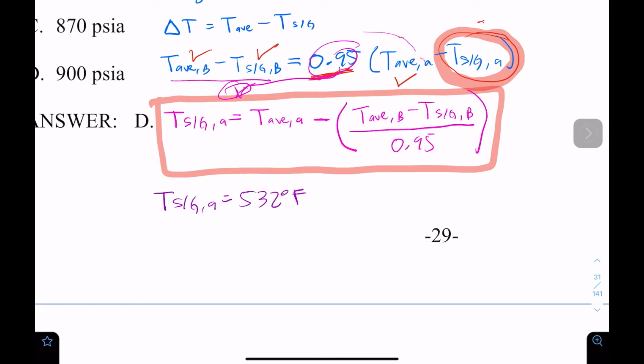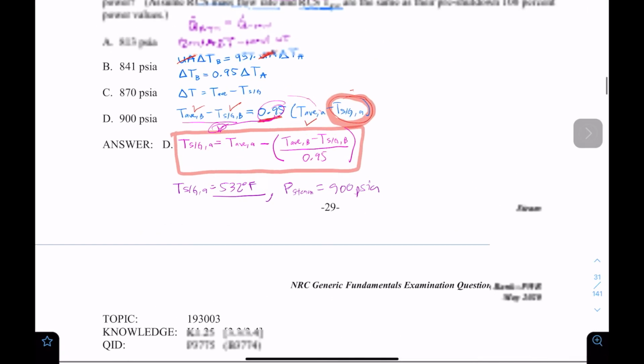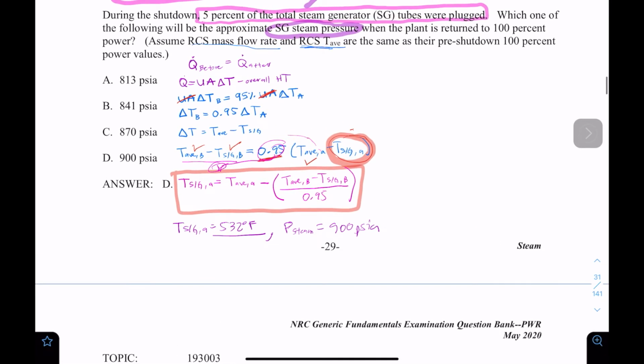And if I check my steam table for the saturated pressure at that temperature, I'm going to get that the pressure of the steam is 900 psia. That's going to give me the answer, delta.